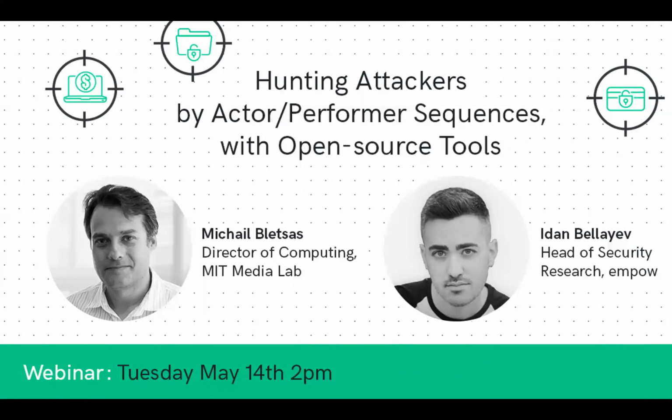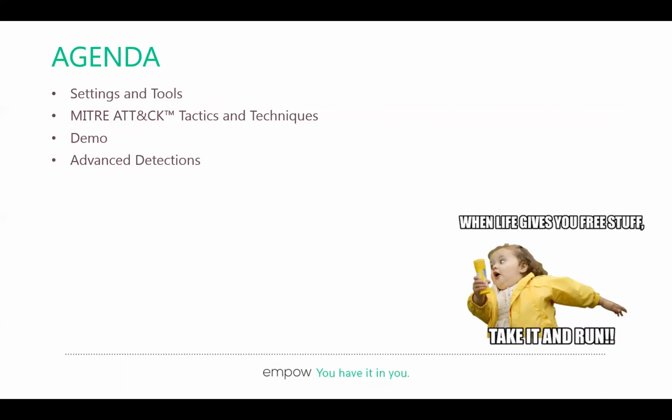Thanks, Mickey. As Mickey said, my name is Idan, and today I'm going to talk to you about threat hunting using open source tools, and specifically about performer sequences. First, we're going to talk a little bit about the lab environment that we created for the session.